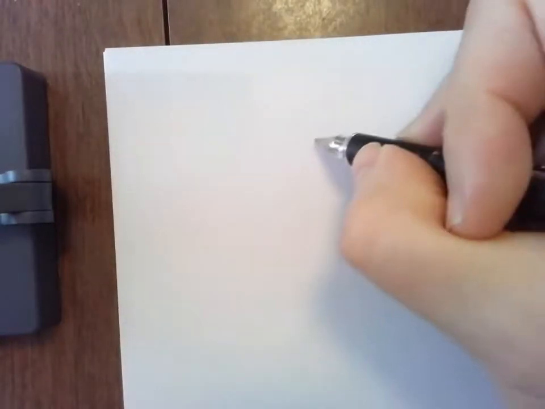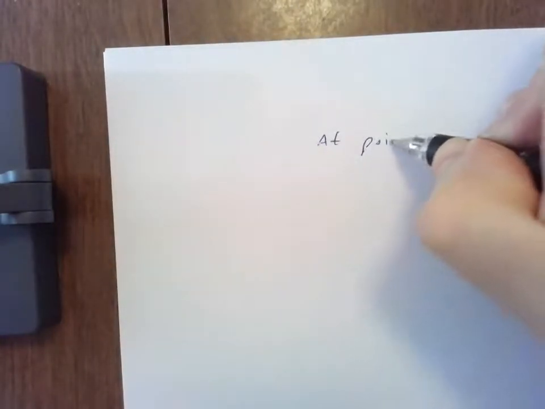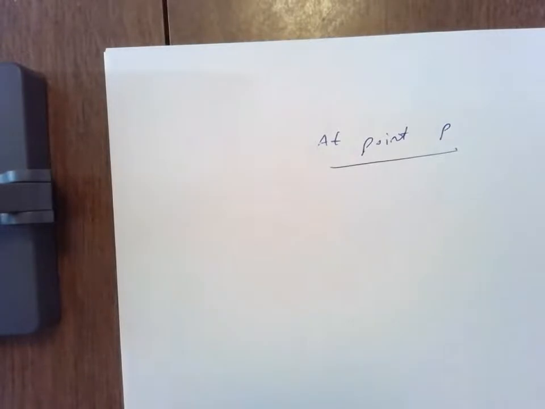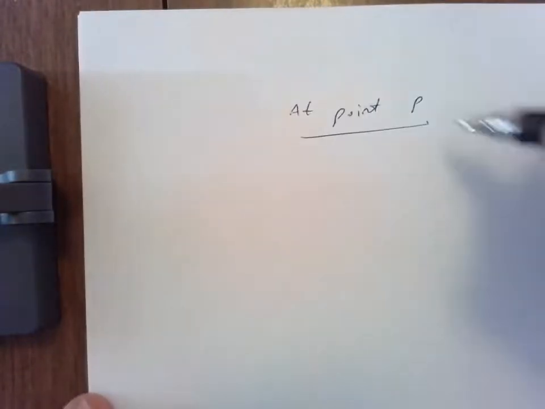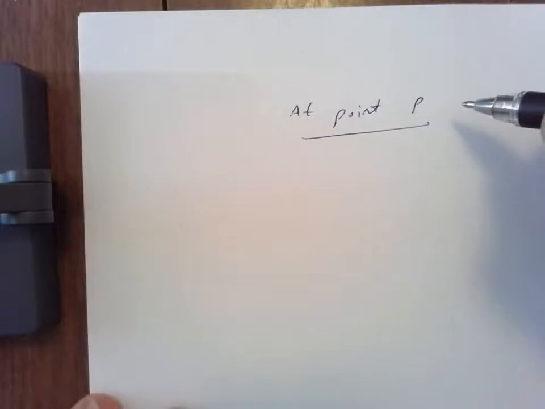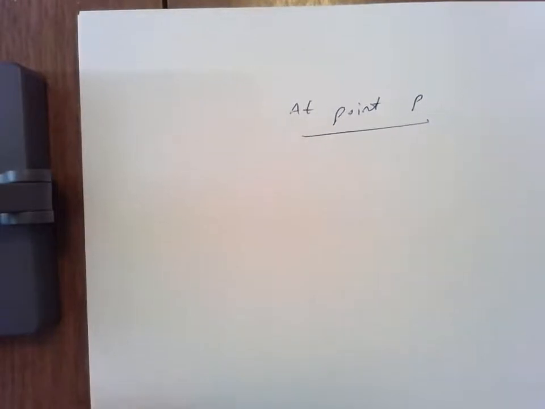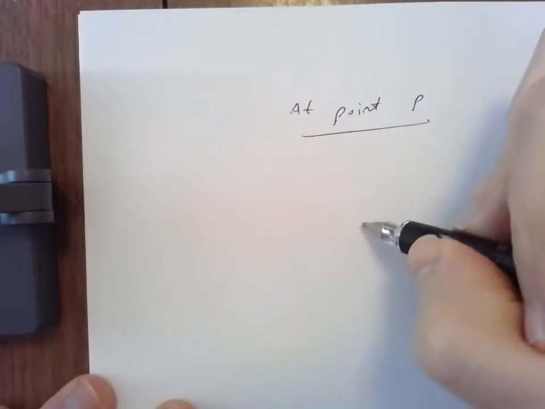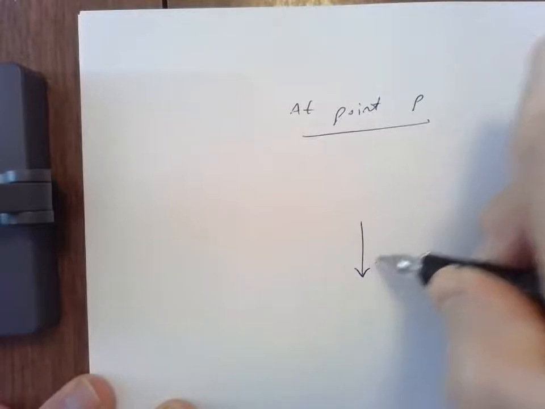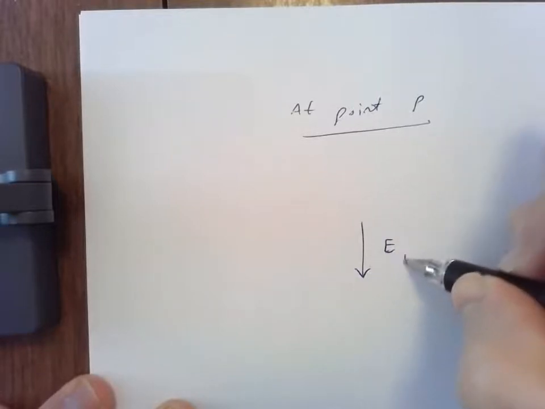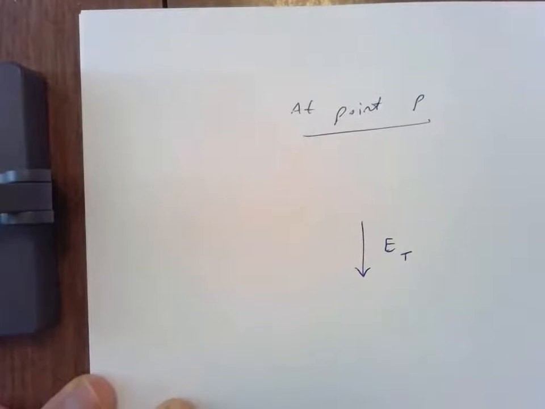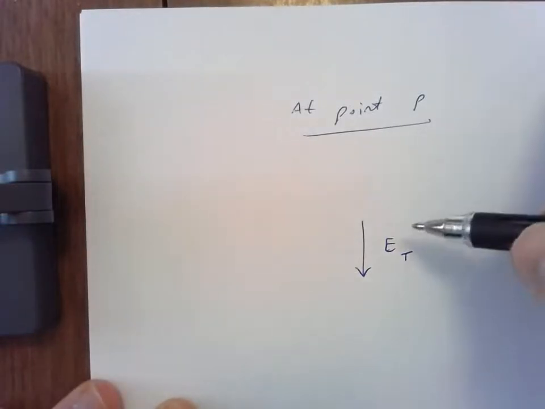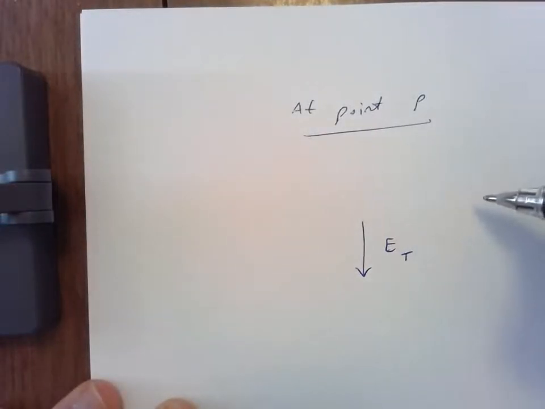Okay, so at point P on that previous diagram, we want to look at what would happen to a positive test charge. Well, Q top would repel that positive test charge, and that means that at point P, the electric field of the top charge points straight down in the direction of the force on a positive test charge.